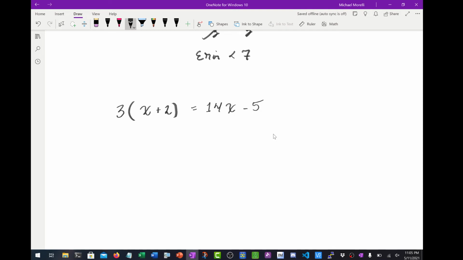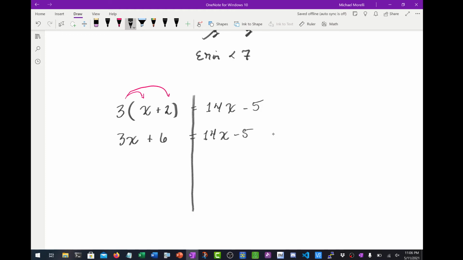Sometimes it helps students to put a vertical line here just to keep their equal sign lined up. We need to distribute the 3 into the binomial. So this 3 times x is 3x, and 3 times 2 is 6, so plus 6 equals 14x minus 5.